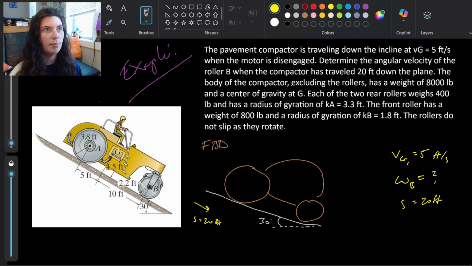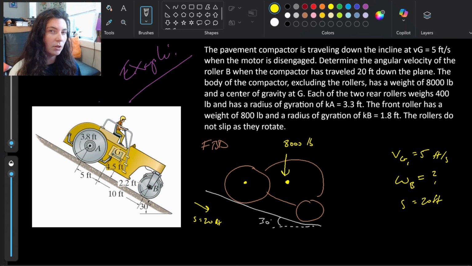The body of the compactor, excluding 2 rollers, has a weight of 8,000 pounds at G. So we can see G over in our diagram acts right about here, and that has a weight of 8,000 pounds. And it tells us we have 2 rear rollers, which we can't see from this side view that they gave us, but there are 2 rear rollers at A that weigh 400 pounds each.